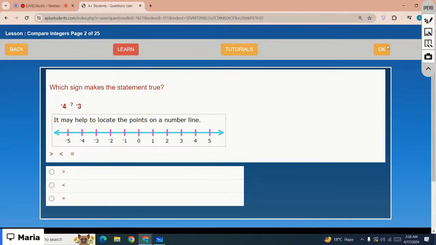The correct option is negative 4 is less than negative 3. The correct option is less.